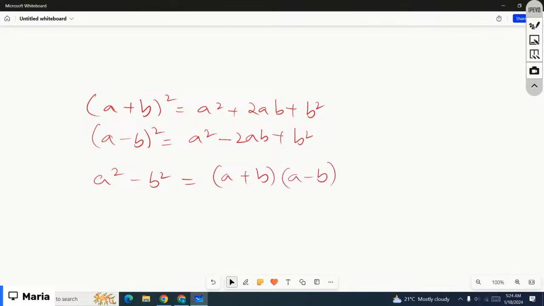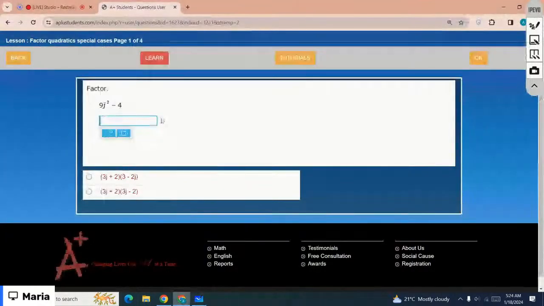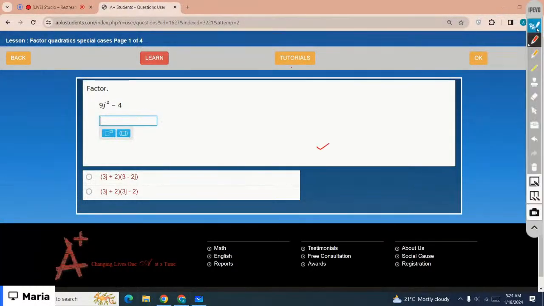Let's just start with the test questions. The first one is 9j square minus 4. So just look at both, 9j square and 4. 9j square is the square of 3j, isn't it? 3 times 3 is 9.